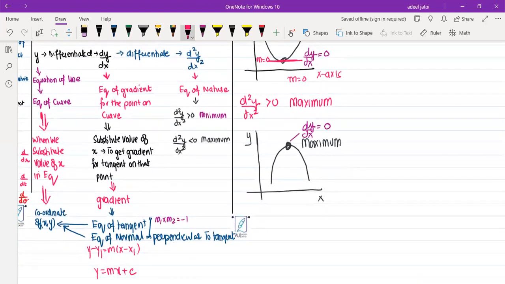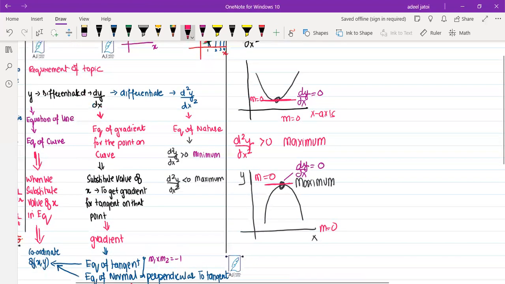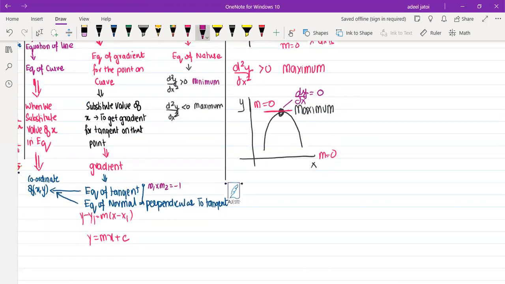Similarly, the x-axis has gradient 0. So the line at the maximum, because that is your tangent, will also have gradient 0. In other words, dy upon dx will be 0 when we have a maximum or we have a minimum.